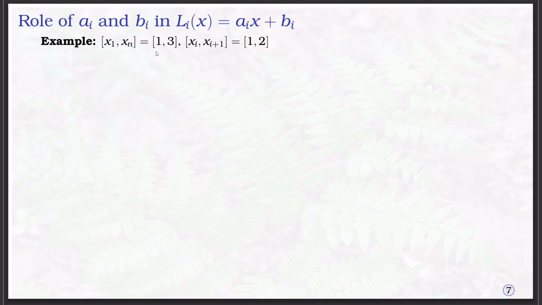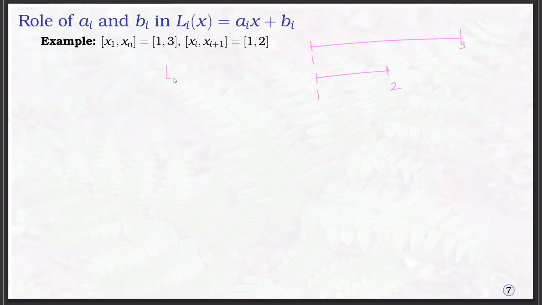One can take x1 as 1 and xn as 3. That means consider this interval 1 comma 3, in which we can consider the subinterval 1 comma 2. This is our 1 comma 3 and 1 comma 2.